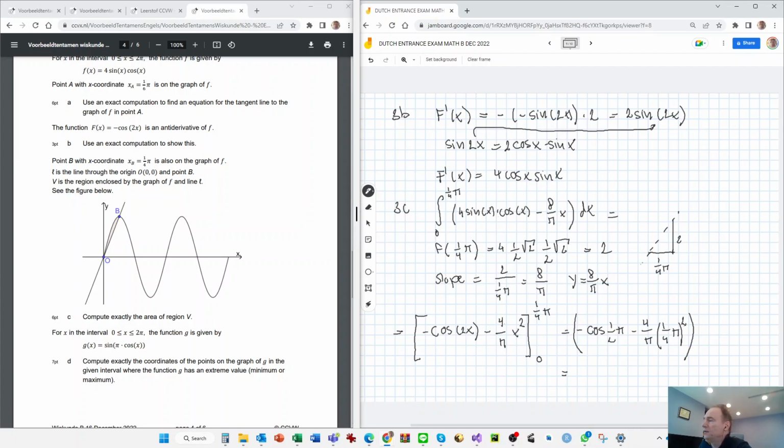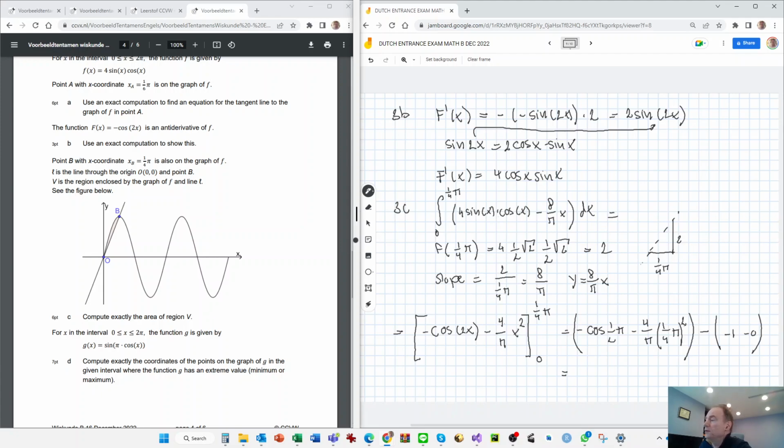And well, minus this, the cosine term will still be -1. And substituting 0 here, we still get 0. So it's this.